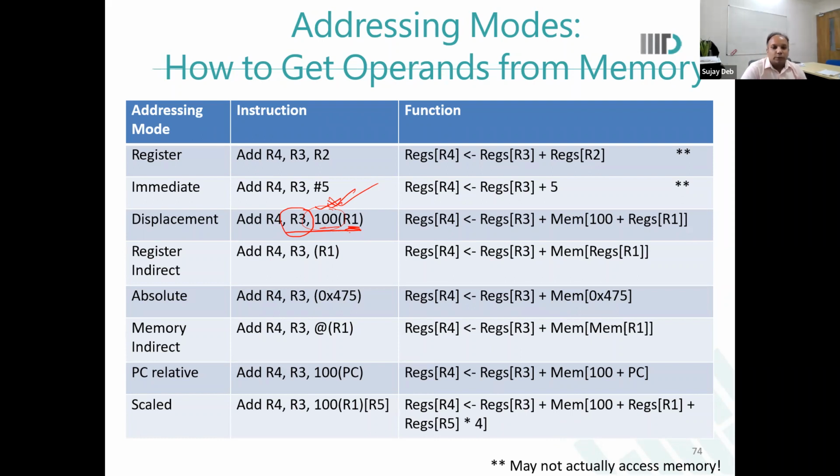Some of them are specified through a register, so the content of the register specifies the address. Register indirect: the content of R1 points to a memory location, and the content of that memory is what you are looking for.